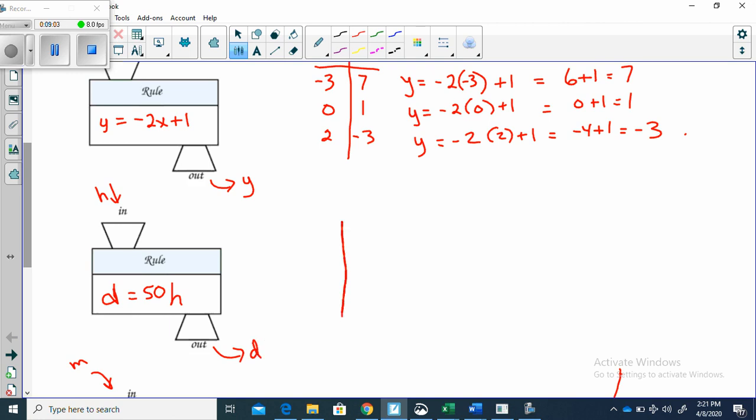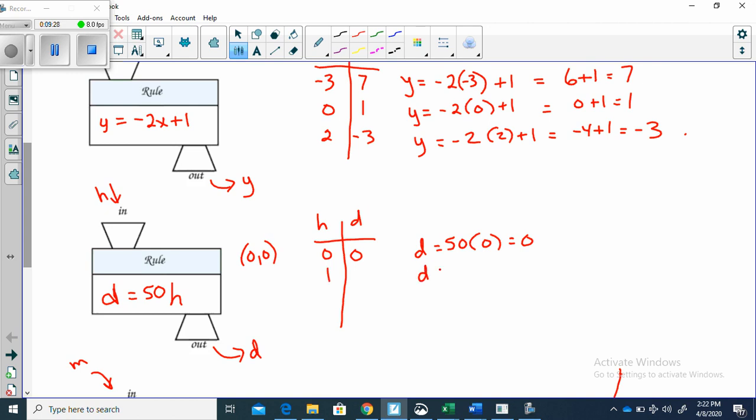What does this mean? It means this. If my hours are 0, I've gone 0 hours. Doesn't it make sense that I will have not gone any distance? 50 times 0 would give me 0. At 0 hours, I've gone 0 miles. There's my coordinates for that one. How about after 1 hour?